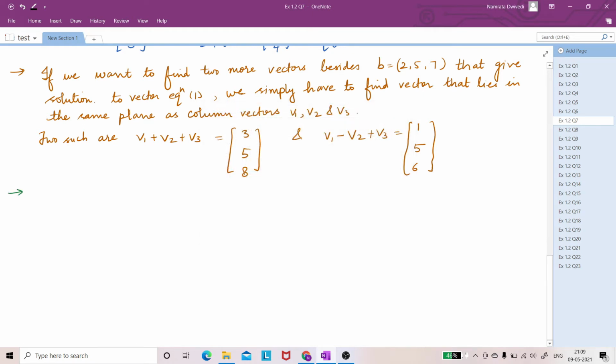Now if we want two more vectors that do not give a solution, the earlier one was that gives a solution. I'll write it in full sentences so you will be able to complete your assignments if you're given.